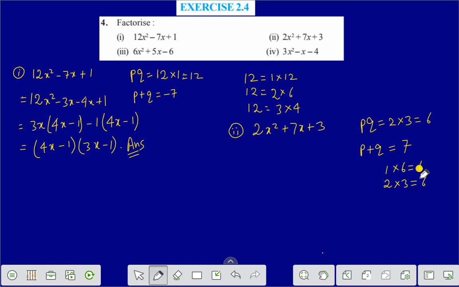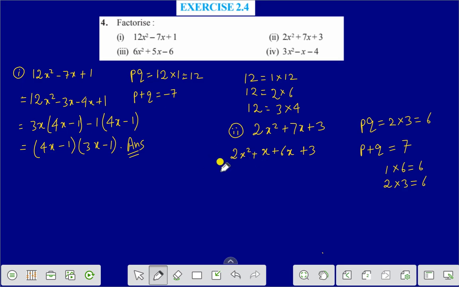Then we can write 2x square plus 1x plus 6x plus 3. We see p plus q is 7, that is 1 plus 6 is 7, and 1 into 6 is also 6, that is pq is equal to 6.